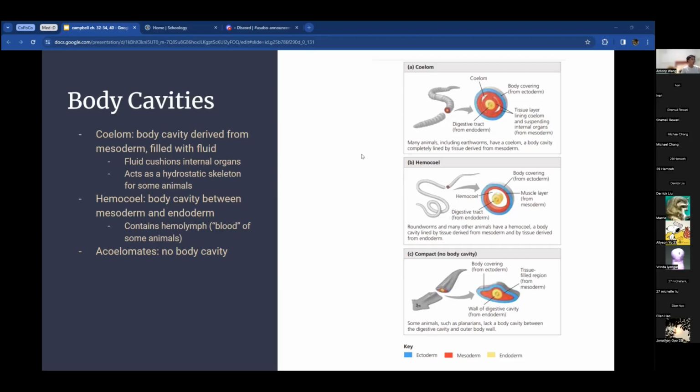This coelom can also act as a hydrostatic skeleton for some animals. A skeleton is something that you exert a force on to move. Let's go back to the water balloon. Imagine you have a water balloon. You squeeze down on one end, and the water in it is going to travel this way, right?